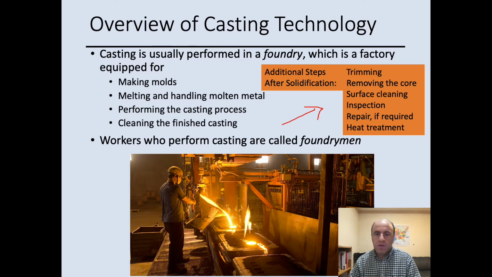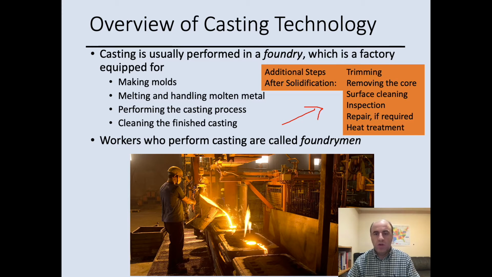For example, we have multiple samples in one casting process, then the parts are connected to each other. So we have to remove them from each other. So trimming is one process. And if we have a core, I'll discuss it in the next slide.